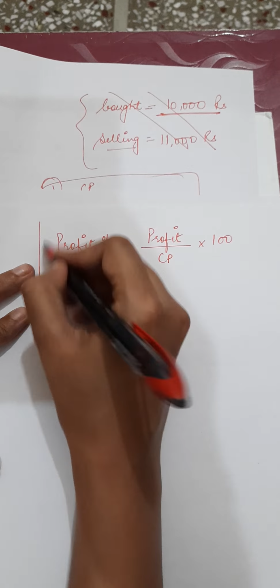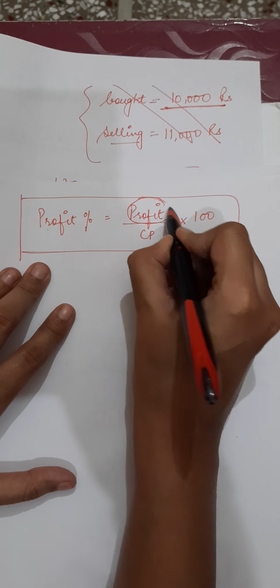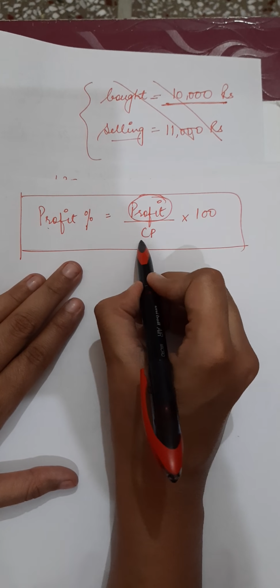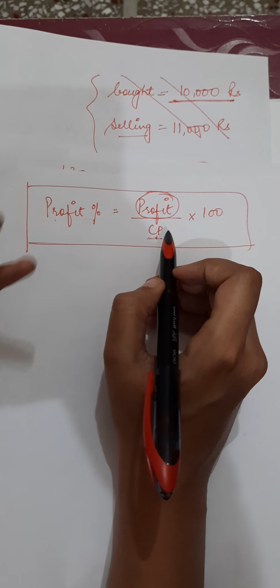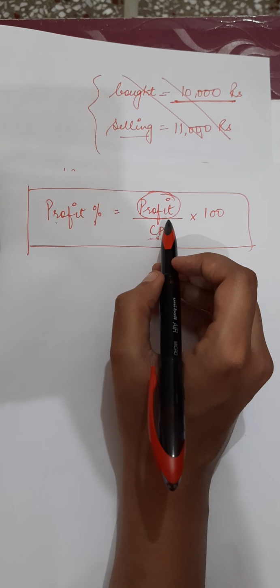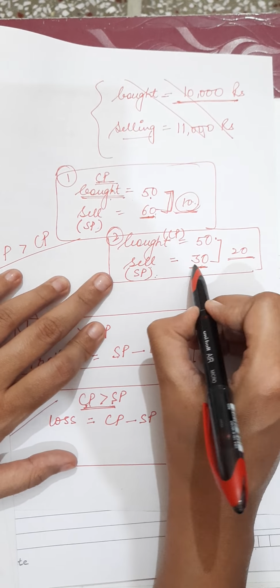Now why is this there? See, we have to find the profit percent, so profit will come in the numerator and CP will come in the denominator, because on the basis of CP we are able to identify whether we have got a profit or we were at a loss. Here I was able to tell you that I was at a loss.